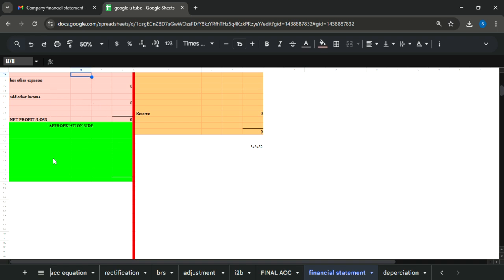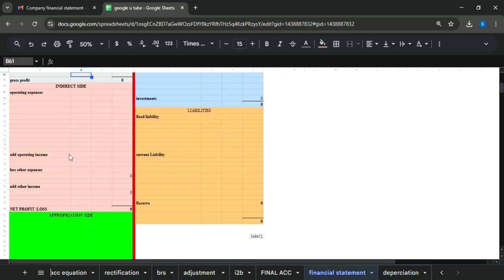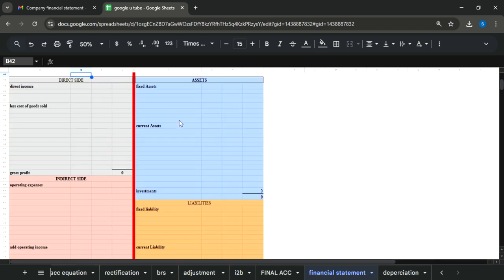And this small portion is a new element introduced in the statement, where we will create the appropriation side, and the final answer of this might be appropriation profit or appropriation loss. And on the right side we will create the balance sheet. There are two sides: first is the asset side and secondly the liability side.